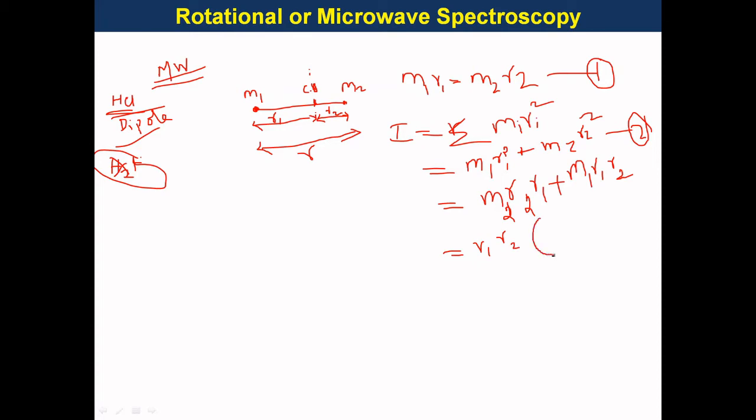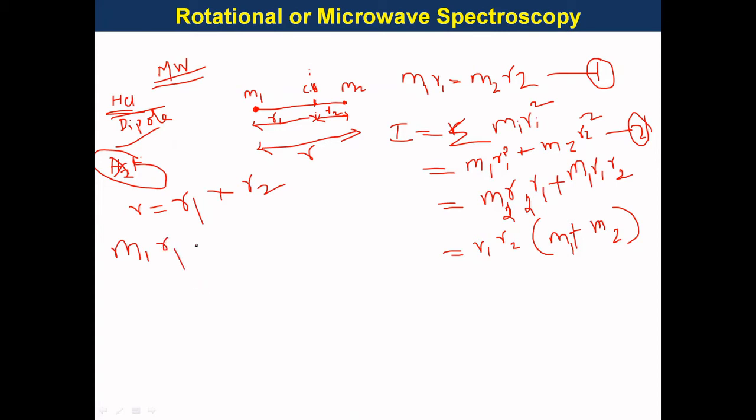Taking the common term outside, I equals r1 r2 into the bracket m1 plus m2. Also we know that r equals r1 plus r2. Take this as equation 4 and the previous one as equation 3.